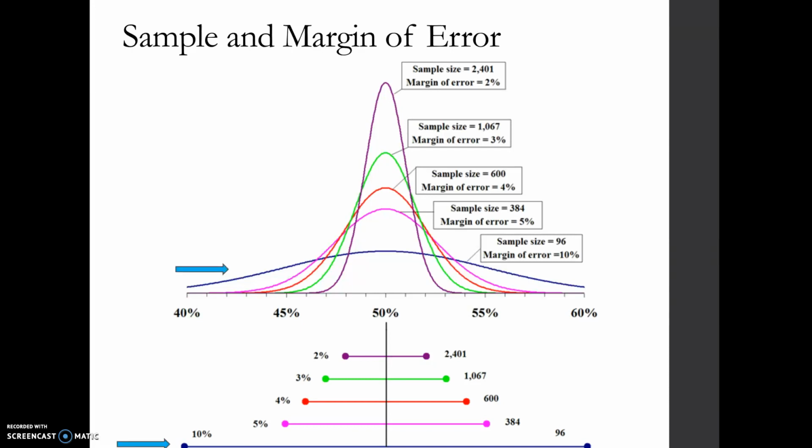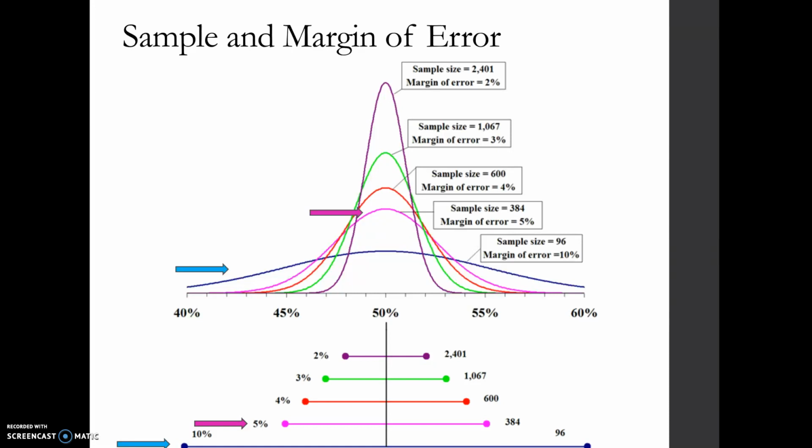What you can see is when you have a sample size of 96, the margin of error will be 10%. This is hypothetical, just relatively speaking. And the range for the population true value to fall in is huge. But when you increase your sample size to 384, your margin of error becomes 5%.